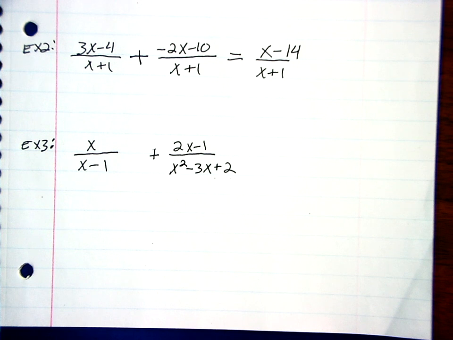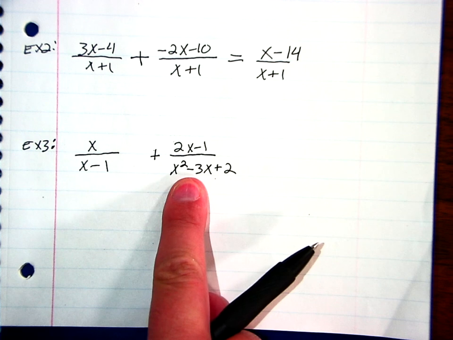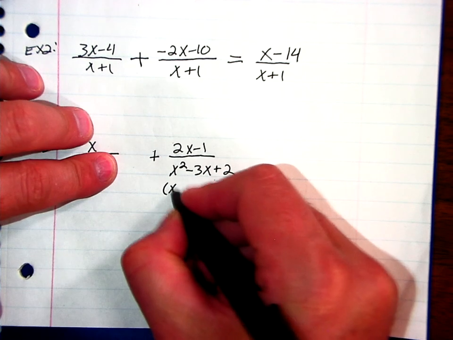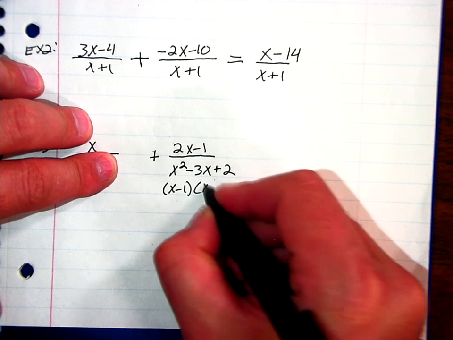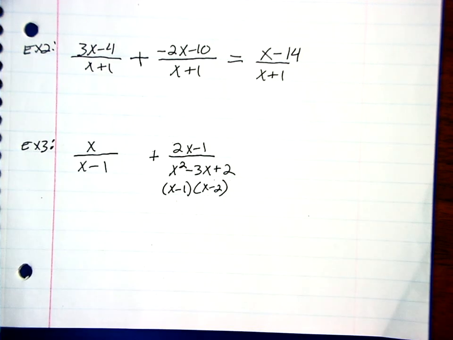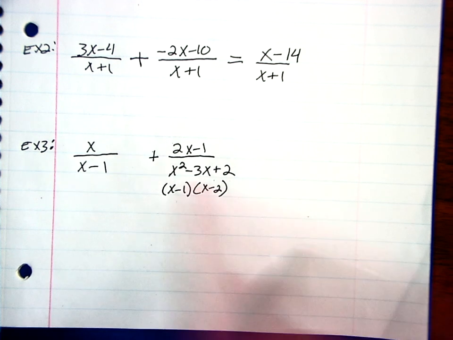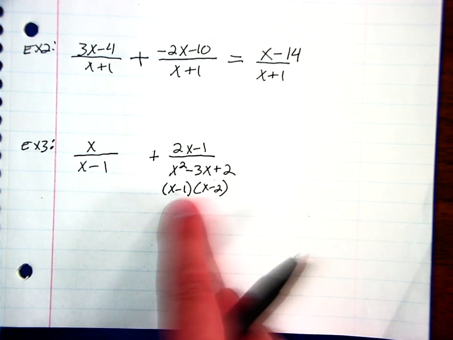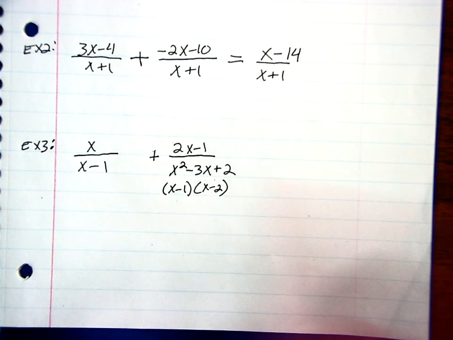If I borrow $2 and I borrow 1 more, how much have I borrowed? Negative 3. So does this equal this? Yes. So this will factor into x minus 1 and x minus 2, because negative 1 minus 2 is negative 3, and negative 1 times negative 2 is positive 2.